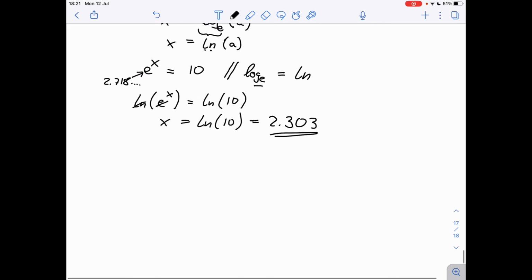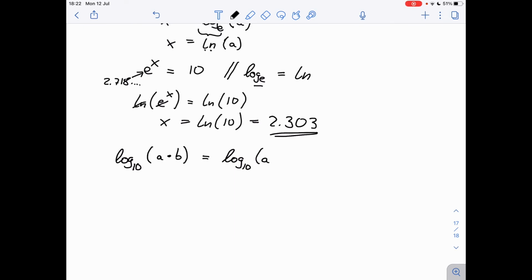Now, what about our rules that we said? Remember we said rule number 1 was log 10 of a times b, and that is log 10 of a plus log 10 of b. Now, do we have to learn new rules depending on what the base is? And the good thing is, no, we don't. Absolutely not.